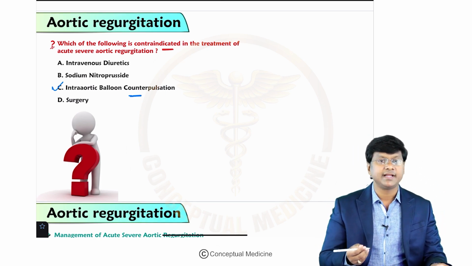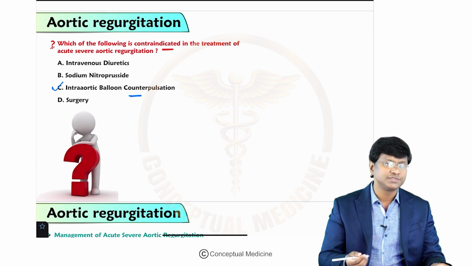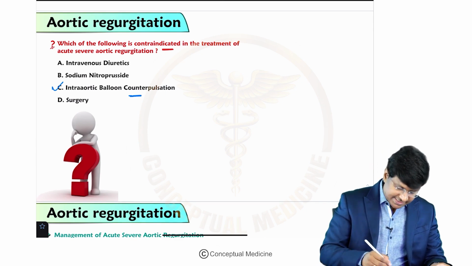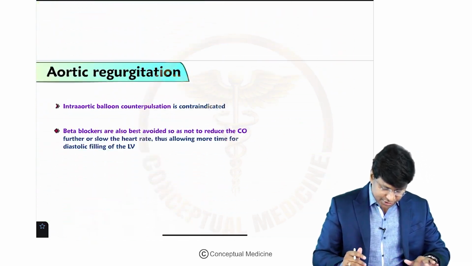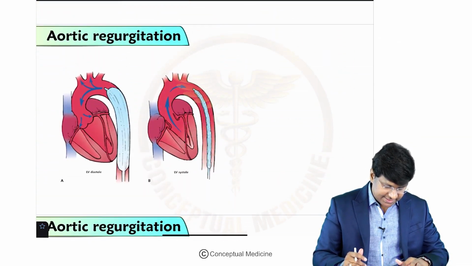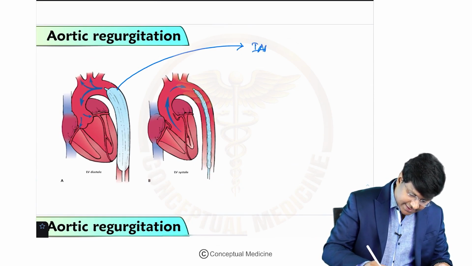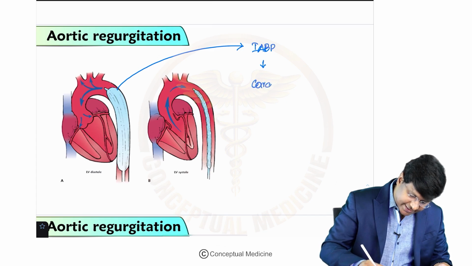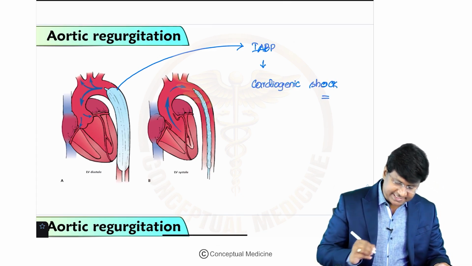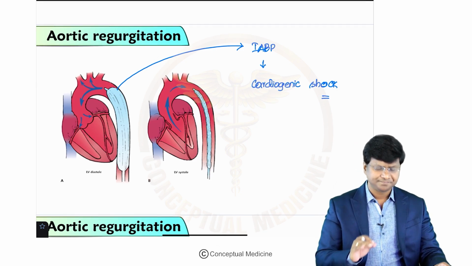Now what is this intra-aortic balloon pump and where do we use it? See, I'll just show you this. This is the intra-aortic balloon pump, that is IABP. The actual indication of IABP is to place it in patients with cardiogenic shock.